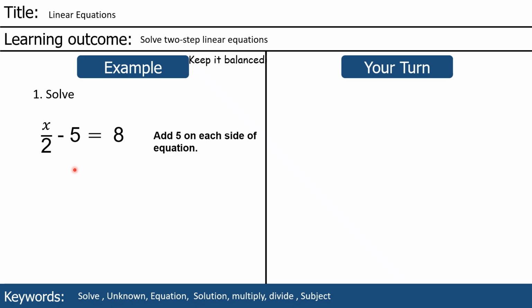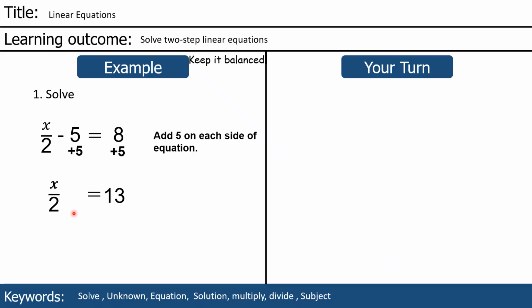So on the left-hand side of the equation, we add 5, and on the right-hand side of the equation, we add 5. Therefore, x divided by 2 will be equal to 13.